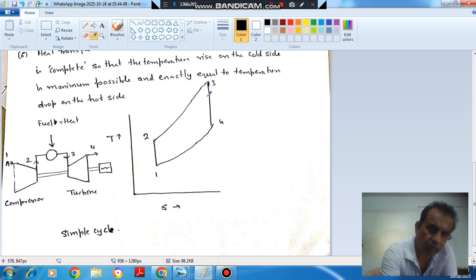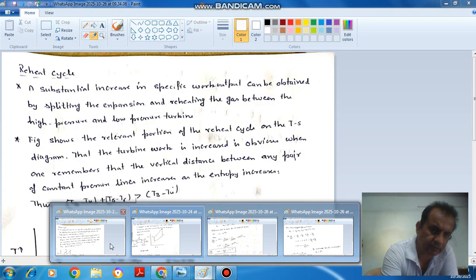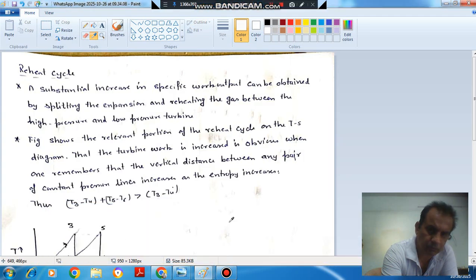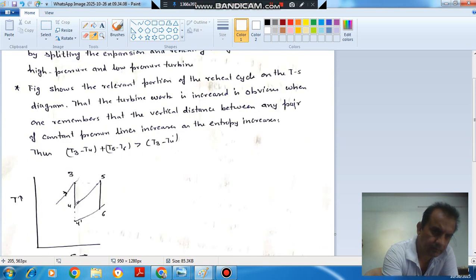So now if we split this turbine expansion, suppose we split it here and take the gas and reheat the gas. So we have taken this gas here and then reheat it to temperature T5, and then we expand in the next turbine, then this will be a reheat.